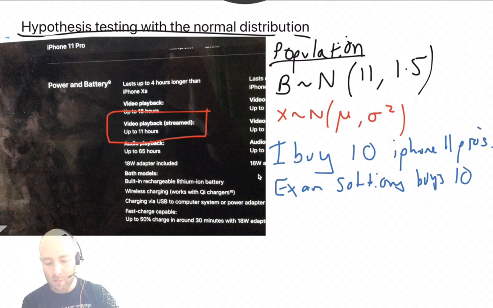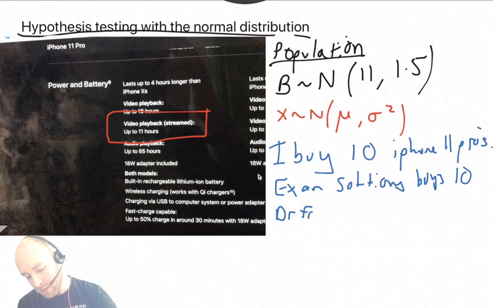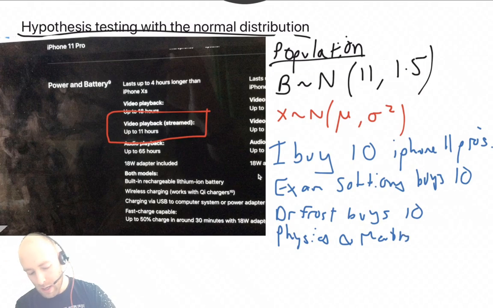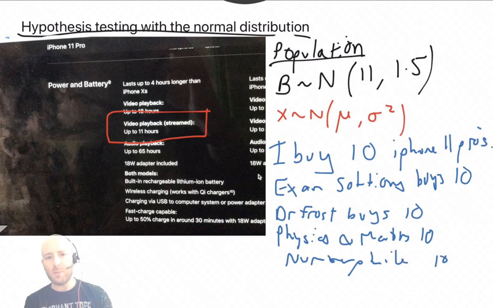And some other people, I mean, Dr Frost Maths, he's pretty good, buys 10. And Physics and Maths Tutor, he buys 10 as well. And Numberphile, they buy 10. So we're all buying 10 of these crazy expensive iPhones.